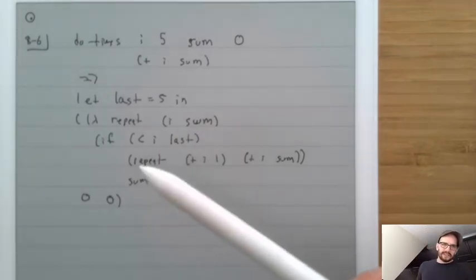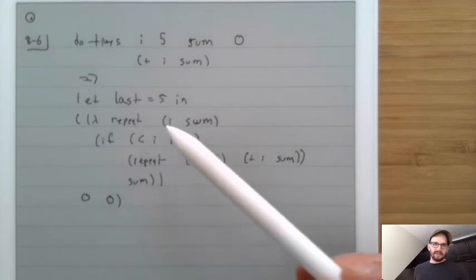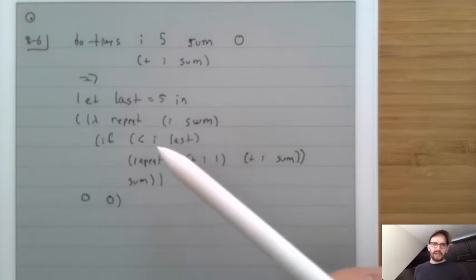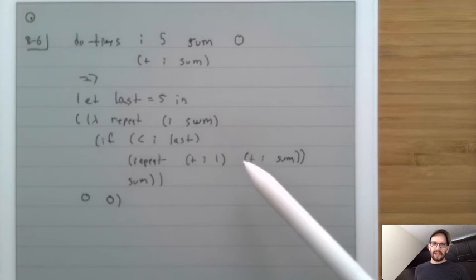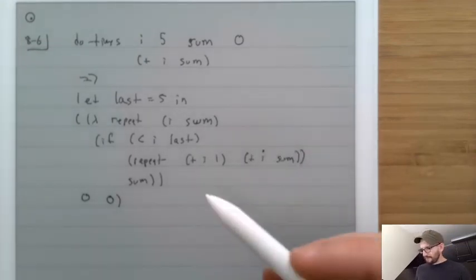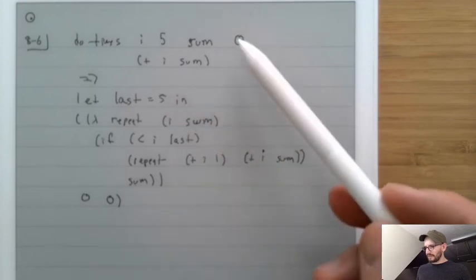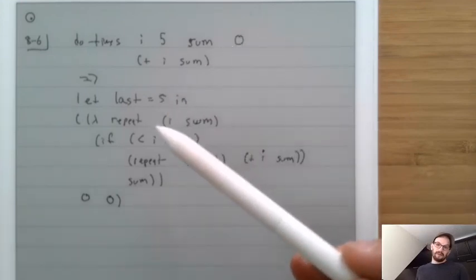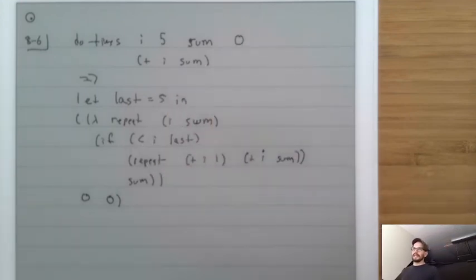Okay? So what this does is it's going to start with I being 0, sum being 0, and it's going to keep incrementing I and making the sum get larger and larger until we've summed up the numbers 0, 1, 2, 3, and 4. Okay, so this is basically like a little for loop.